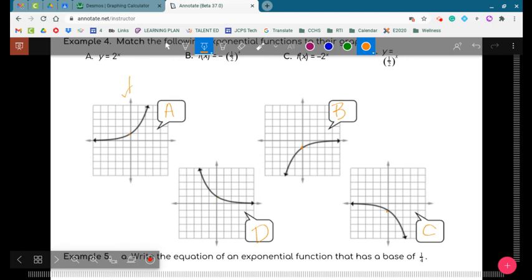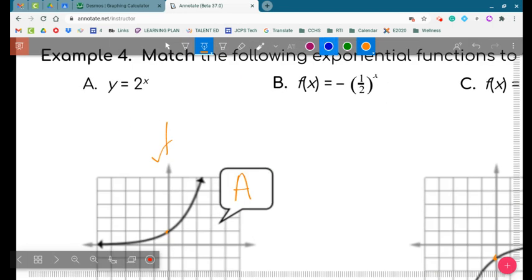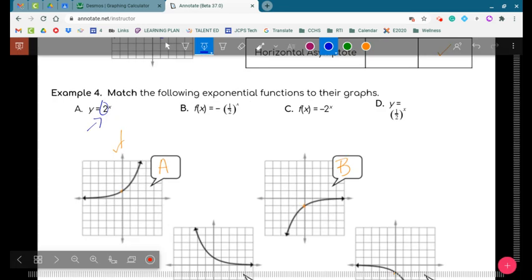So I'm going to kind of talk about this. This one is our parent function, and since the b value is a 2, that means it's going to be growth. So that's why that one's A. Now, C is just that negative is added, so it's just going to be A reflected.